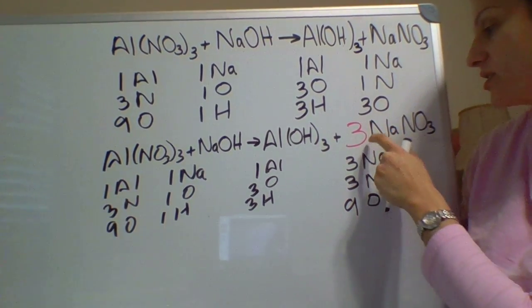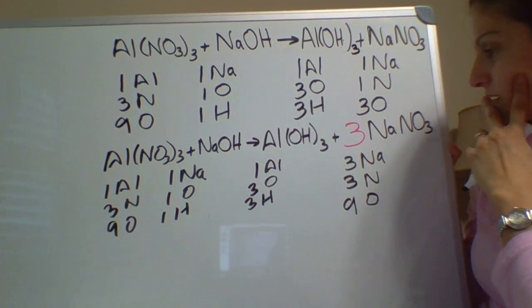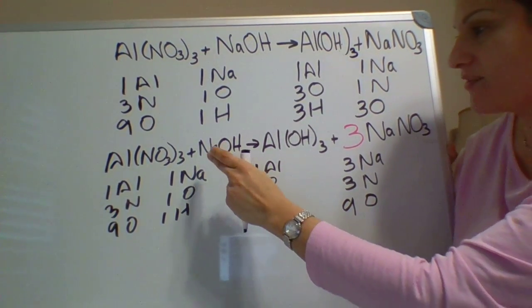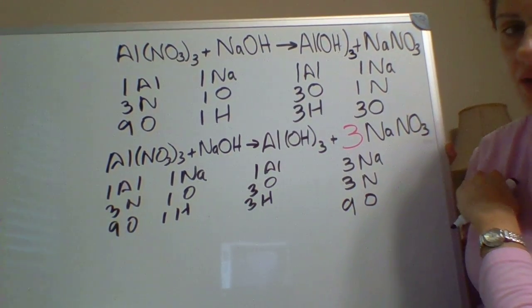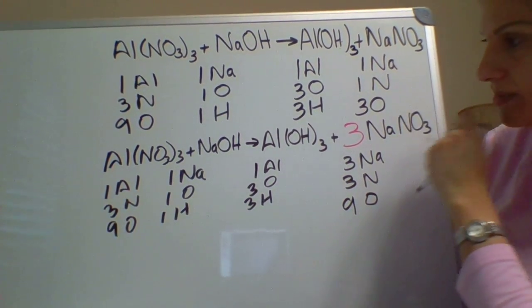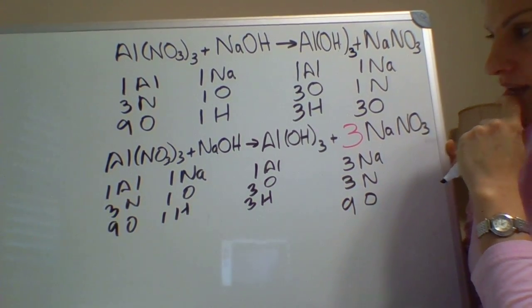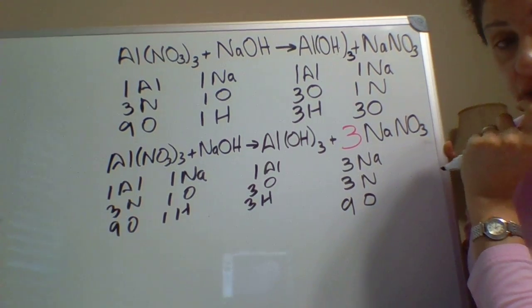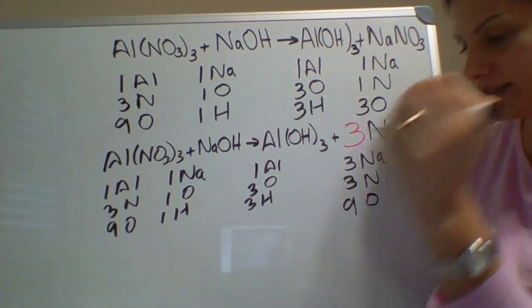So remember, the 3 applies to everything. Okay, now by putting the 3 here, we've now affected the sodium number. So now on the left we have 1 sodium. On the right we have 3 sodium. So what are we going to have to do with sodium hydroxide on the left-hand side of the equation? If you answered, we have to put a 3 coefficient before sodium hydroxide, you are right.